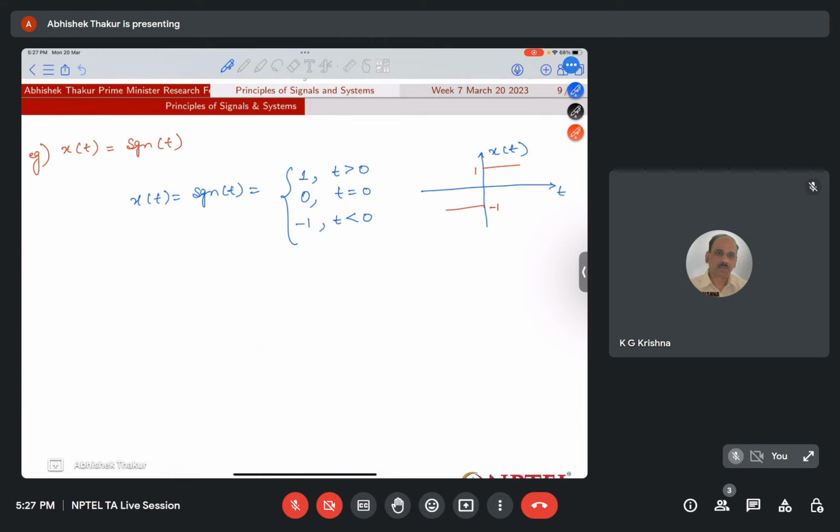Now if we have to find the Fourier transform, we can do one manipulation here.